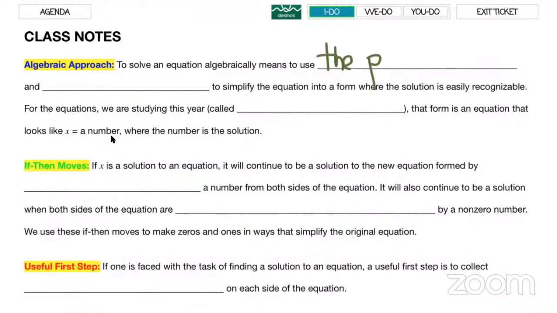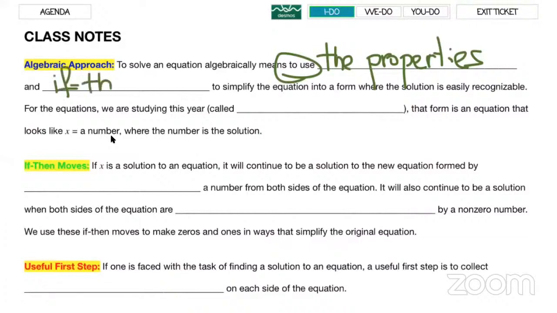We talked about 4 different kinds of properties, and we did IXLs on this one: associative property, commutative property, distributive property, identity property. So an algebraic solution is to use those properties and if-then moves.